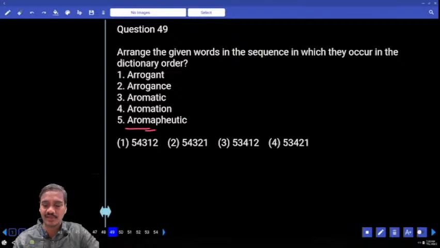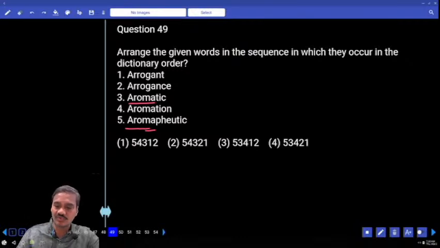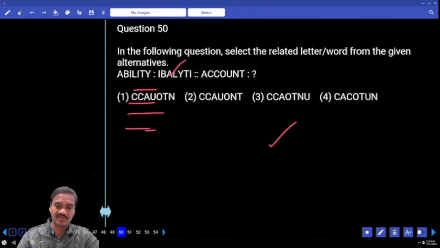After this 5, then what is the next one? Then 3. 5 and 3. Next we have 4, and next one 4 also comes. And between 1 and 2, 2 comes first followed by 1. Isn't it? Hence, what is the order here? Choice 4, question number 49.